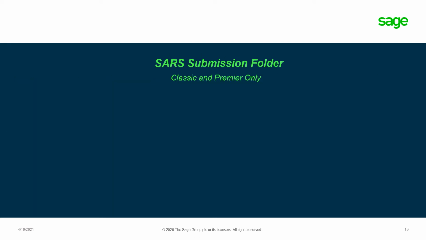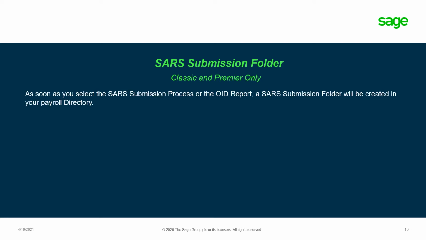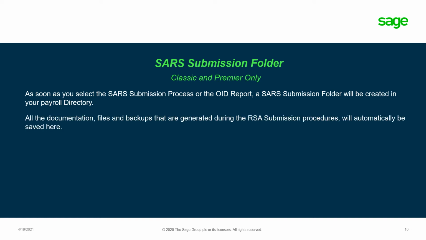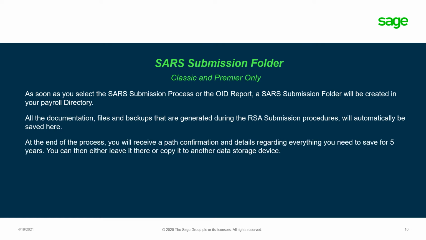The SARS Submission folder. For Classic and Premier customers, as soon as you select SARS Submission Process or the OID report, a SARS Submission folder will be created in your payroll directory. All the documentation, files, and backups that are generated during the RSA submission procedure will automatically be saved here. At the end of the process, you will receive path confirmation and details regarding everything you need to save for 5 years.